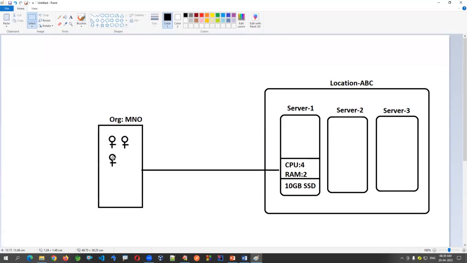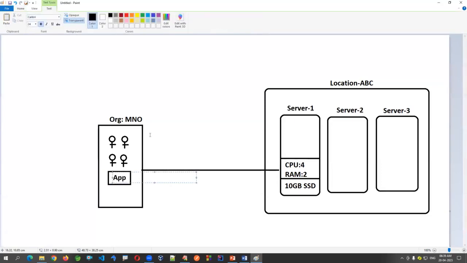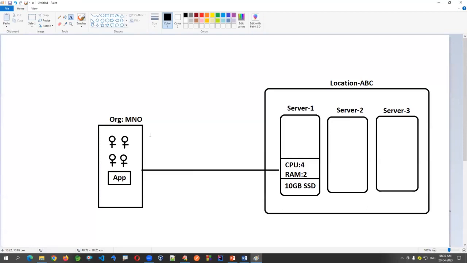We can't buy physical servers by investing some $1 million. After writing the code, I want to run this code on a machine where I can run my application 24/7. You take facebook.com, google.com, github.com. These websites are all running 24/7. So what I can do is buy some space from a service provider.